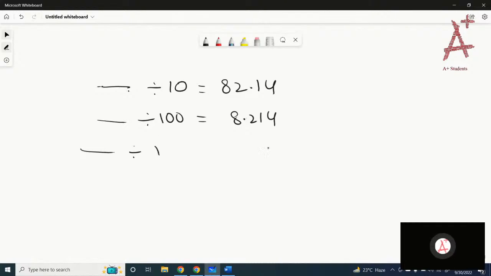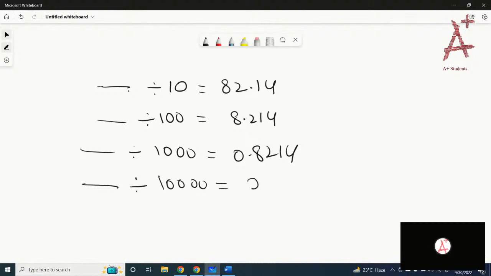Then the missing number divided by 1000, and it would be 0.8214. And the missing number divided by 10,000, and it would be 0.0825214. So you have to actually find the missing number.